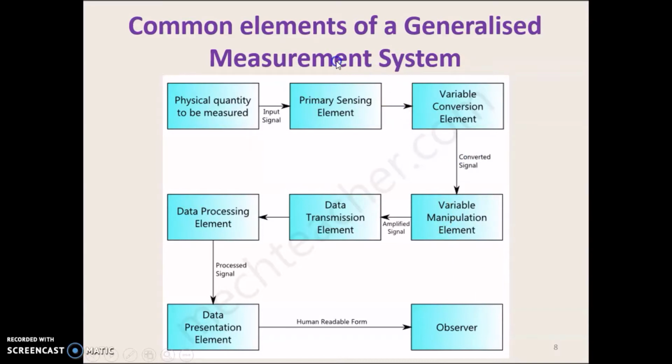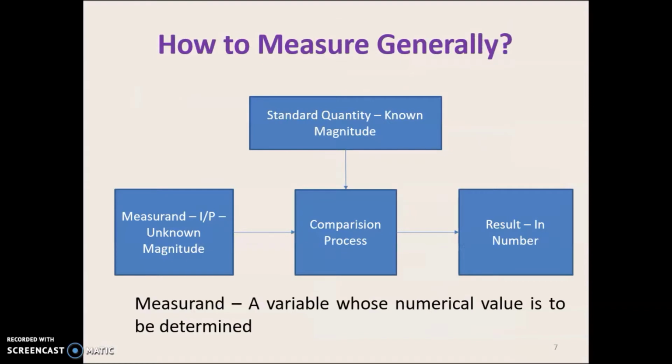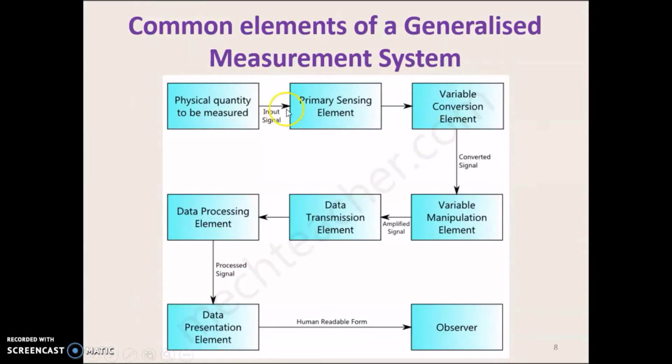It also requires more than one sensor to receive the input signal. So in such cases, we will have a combination of different elements, but still when we categorize it, we will have the category only as these 6 elements, that is primary sensing element, variable conversion element, variable manipulation element, data transmission element, data processing element, and finally data presentation element.